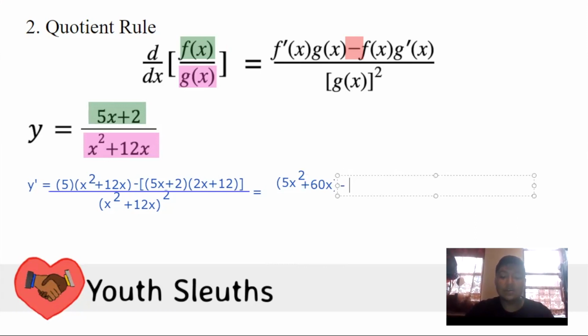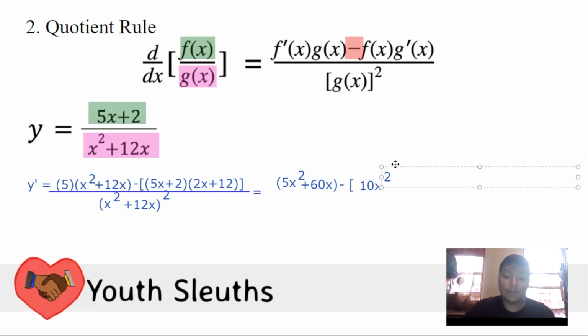So we keep a bracket to remind ourselves. And then we begin to FOIL. So we have 5x times 2x, which is 10x squared. 5x times 12, which is adding 60x. 2 times 2x, so you add 4x. And 2 times 12, which is adding 24.